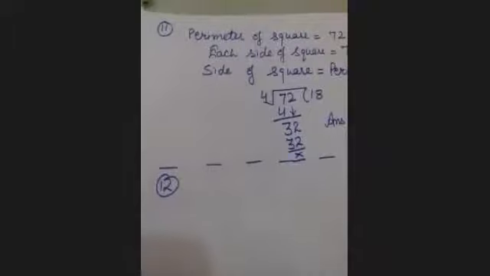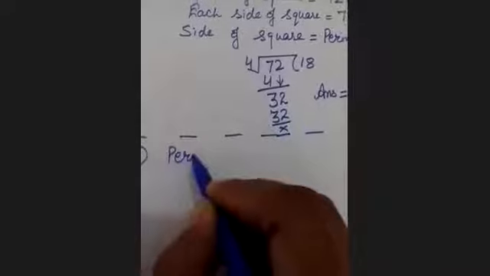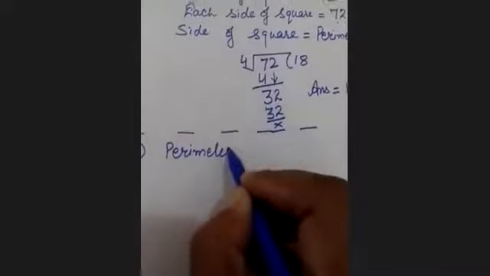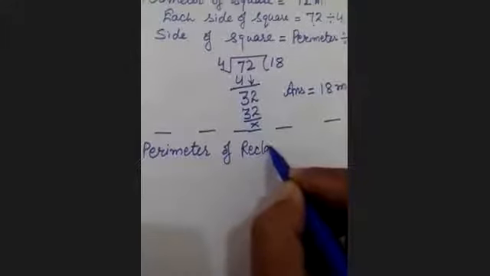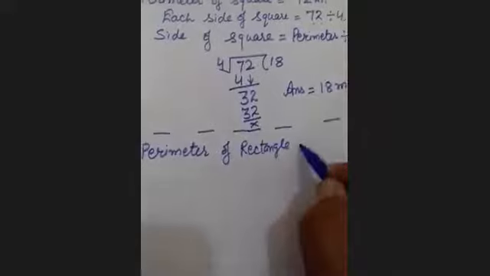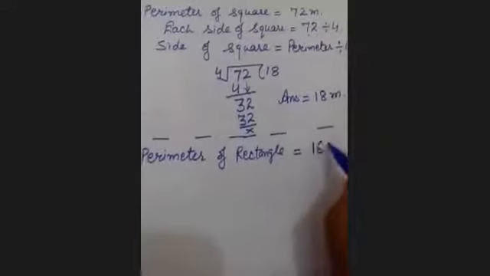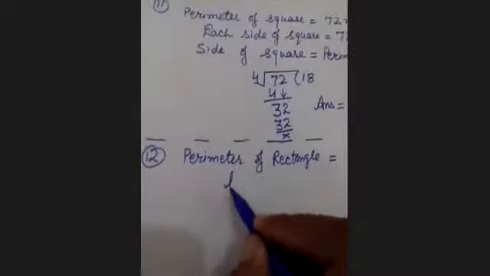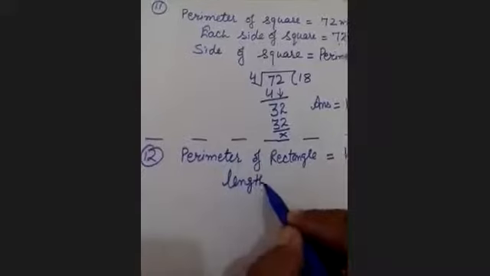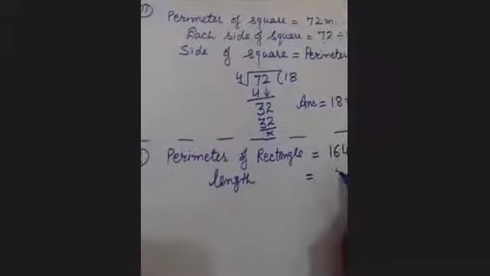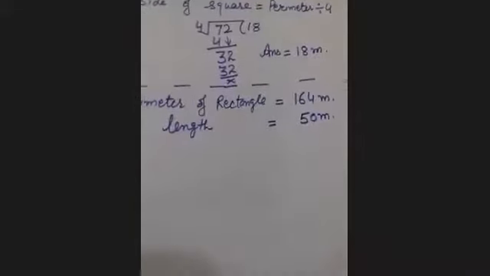First we'll write the perimeter of rectangle is 164 meter and the length is 50 meter. Now find the width of this rectangular field.